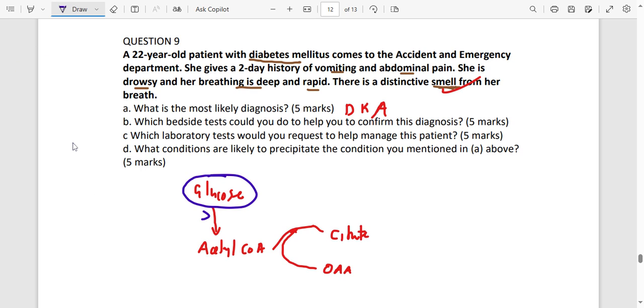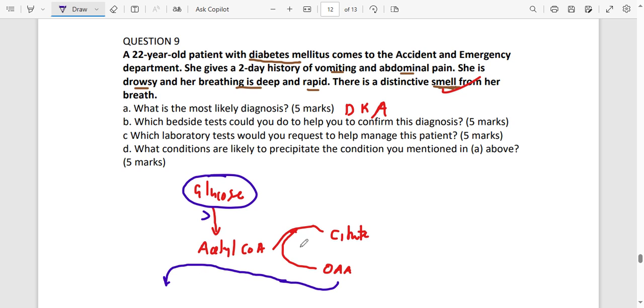But because in our body, remember, the body is recording that we don't have enough glucose, and glucose is the major source of energy for the brain, for the red blood cells, and for the kidney. So what is going to happen is that the cells don't have enough glucose. They will start taking this oxaloacetate. This oxaloacetate, in the process known as gluconeogenesis, they will start using it to make glucose. Okay, they are using it to make glucose because the body is recording that there's not enough glucose.